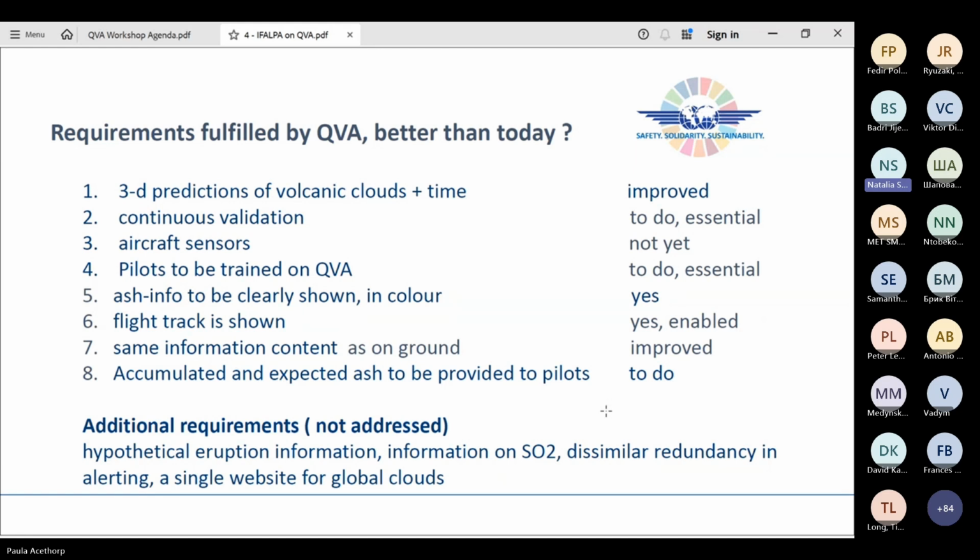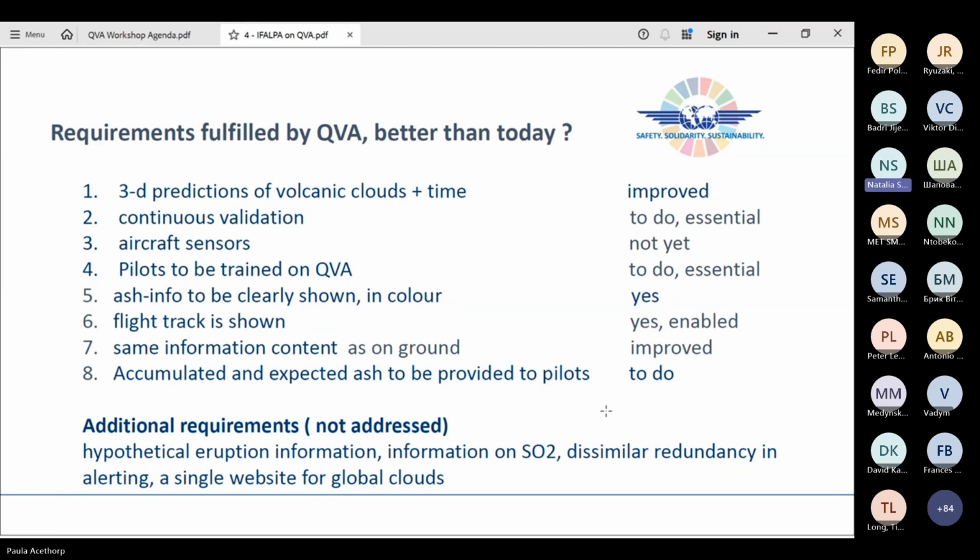Probably the same kind of validation that we do now with the satellite sensors over a certain place. But there could be more. You could use the LiDAR network. You could use the ceilometer network of Europe to peek into the clouds from below. And there are also networks of these sensors available all over the world, like in the US.